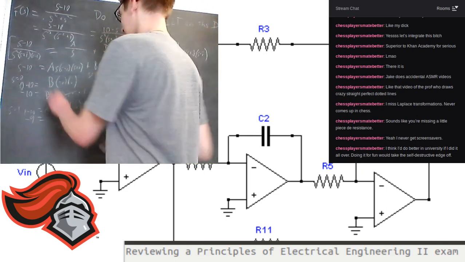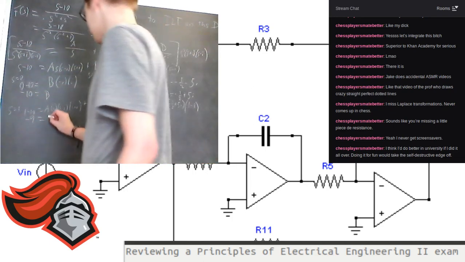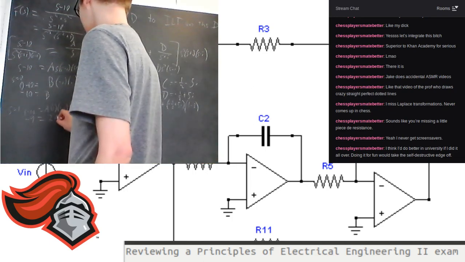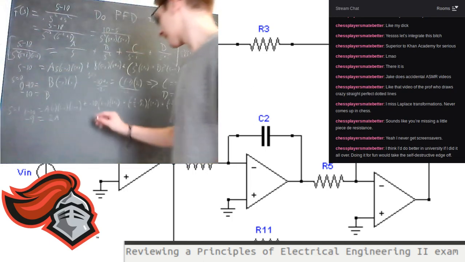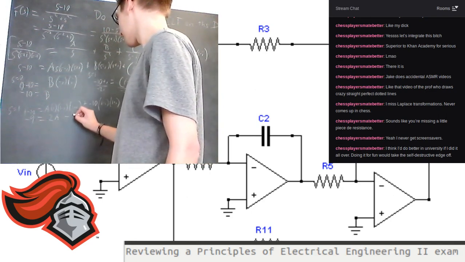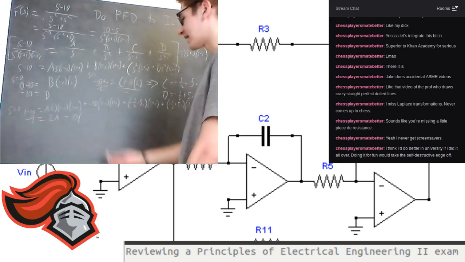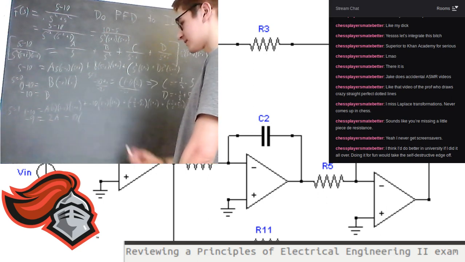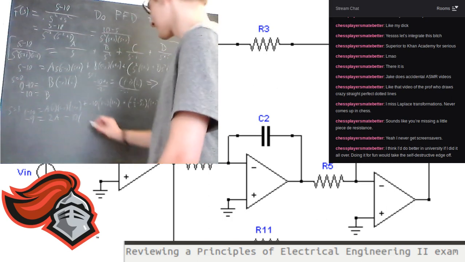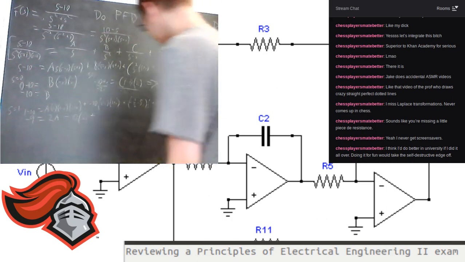These two i's cancel out, and then you're left with 2. So we got 2a. Here we got -10 times, this is still 2, so plus, and then what do we have here?